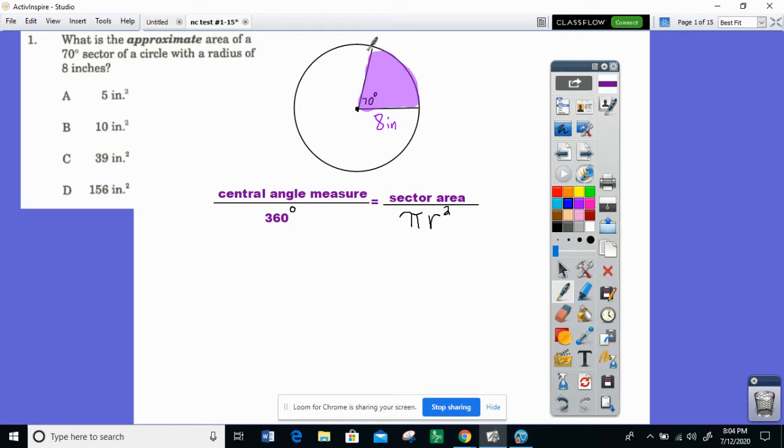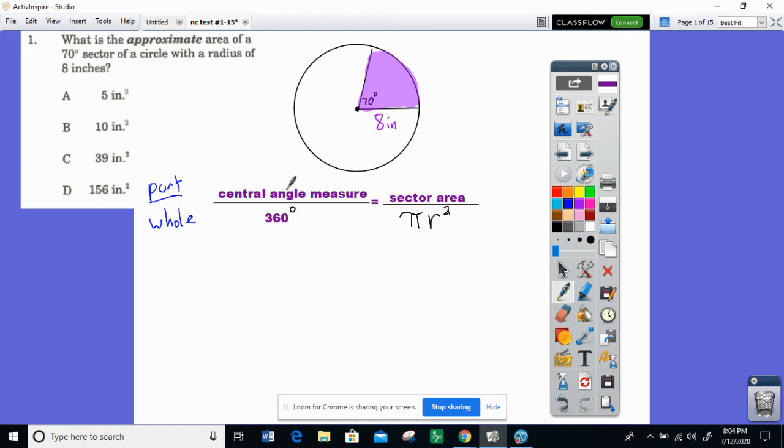So that purple part is a part of the entire circle. So 360 degrees is the angle measure of the entire pizza. Pi r squared is the area of the entire pizza, but we want to know what the angle measure is for just the part that we shaded in, which is 70 degrees.